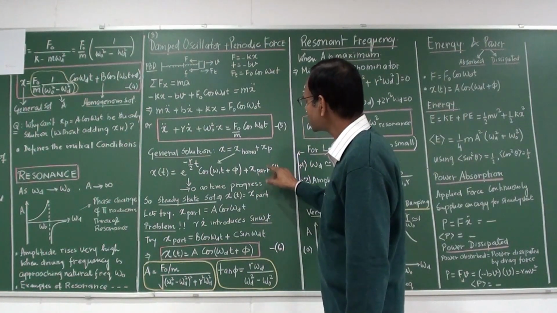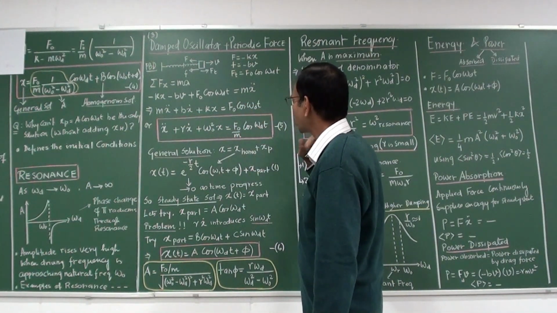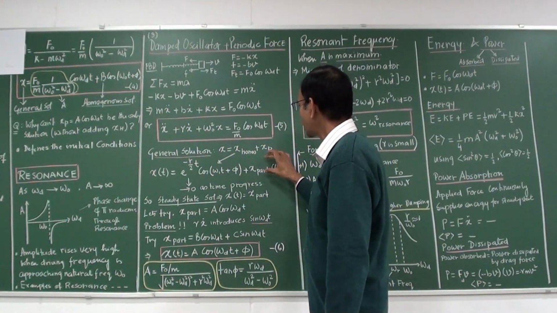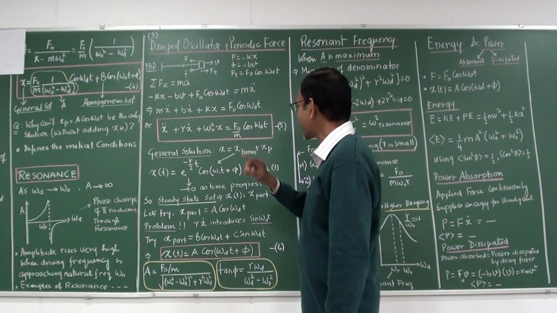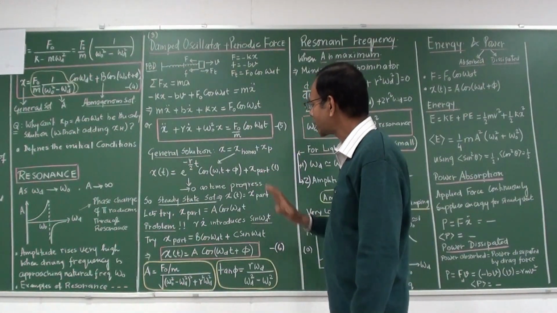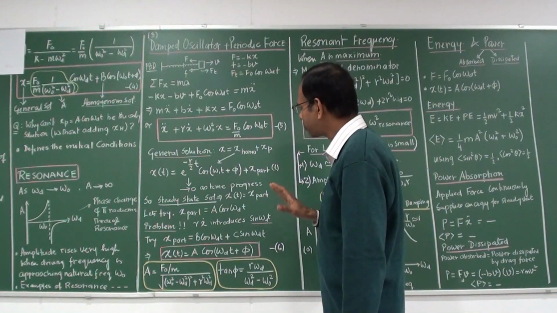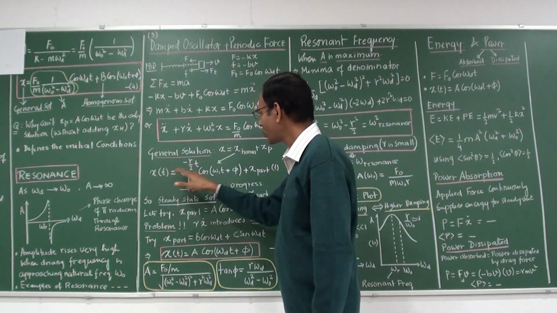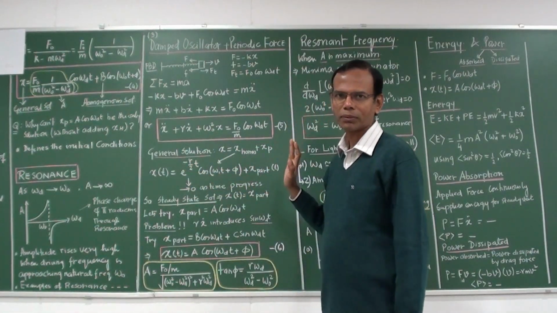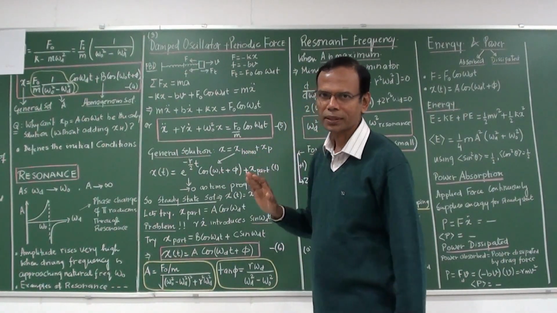Now x particular is when the whole equation is there along with this f0 by m cos omega t. So for the complete equation, the solution is x homogeneous plus x particular. Now here we have to understand a very important point. This x t that we are writing here is the general solution, where both the homogeneous and particular solutions are there.